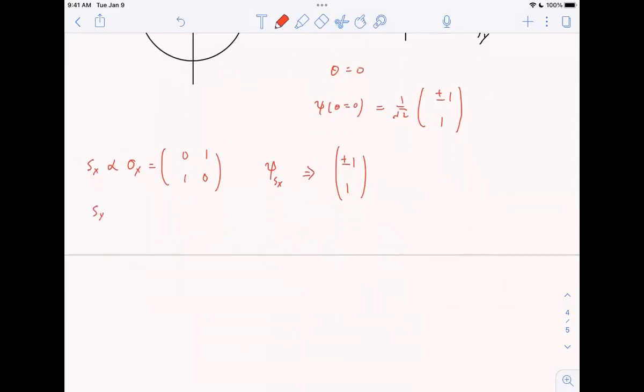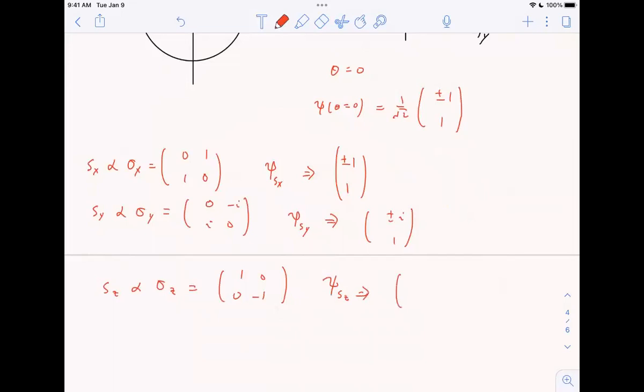If you solve Sy, this is proportional to sigma y, you will have, I think, negative i, and then the y direction will give you, I think, plus and minus i, 1. Okay, if you go to z, then the eigenfunction of this will give you 1, 0 or 0, 1.